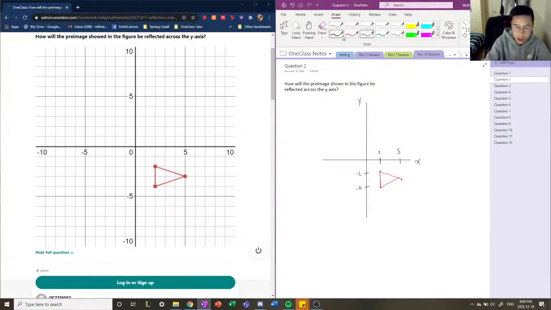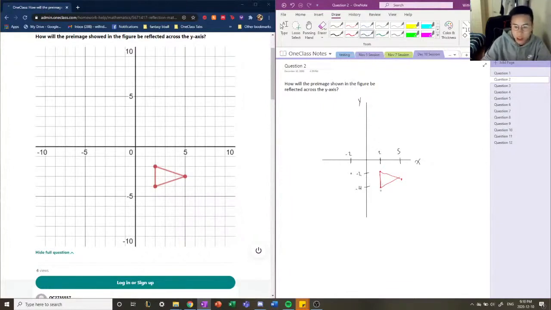So if we were to reflect it over, we would have to make sure that it's 2 units away from the x-axis and 2 units away from the y-axis. Okay. So since we're only reflecting across the y-axis, we don't need to worry about changing the y-coordinate. We just need to change the x-coordinate here. So the first vertex is going to be here.